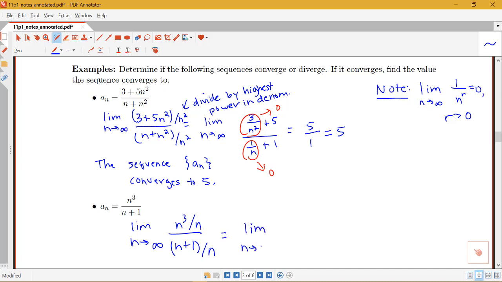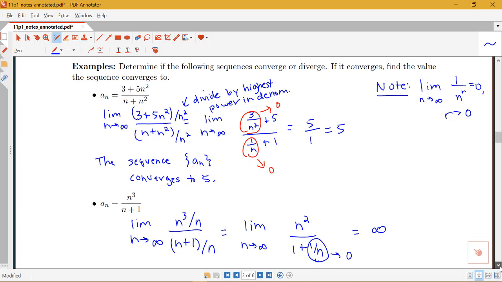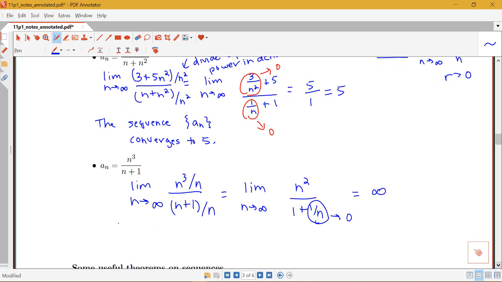So I'm going to have the limit as n goes to infinity of n squared over (1 plus 1 over n). Notice that this 1 over n part is going to go to 0, so I'm going to have the limit as n goes to infinity of n squared over 1, essentially. So this will be equal to infinity. So here, since I didn't get a finite number for the answer, we can say that the sequence a_n in this case diverges.